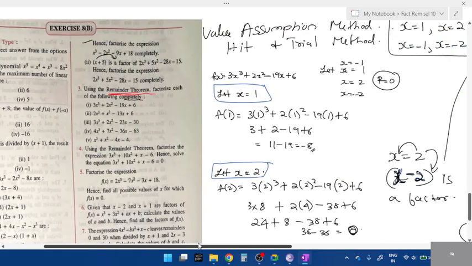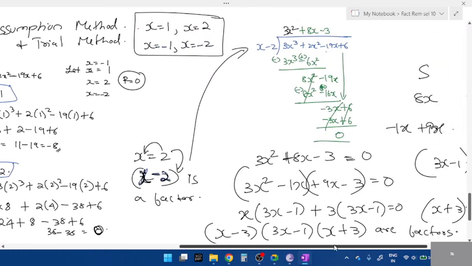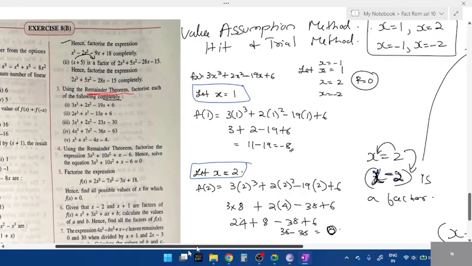Can you just check the answer for this question? 8b, third main, first one. Just check, students.